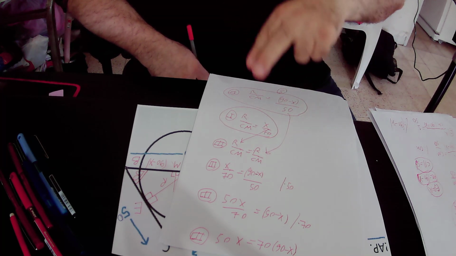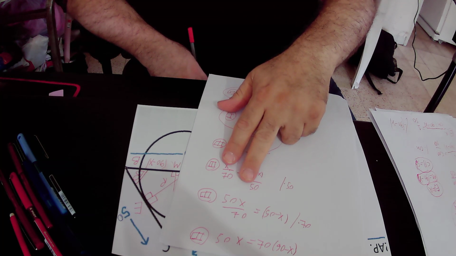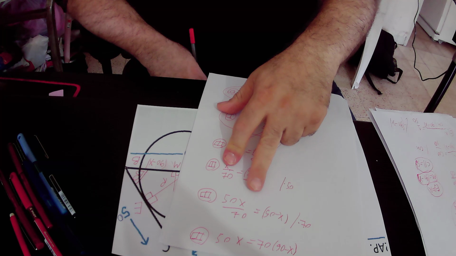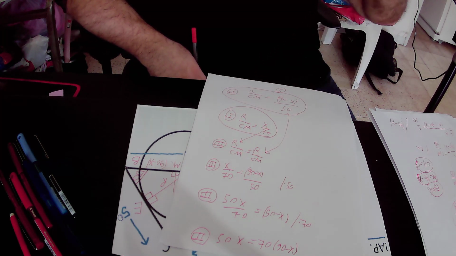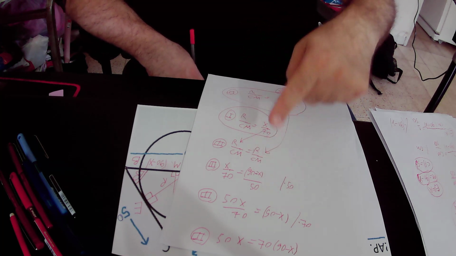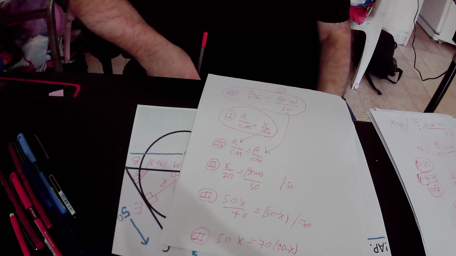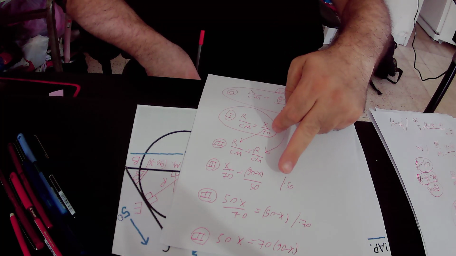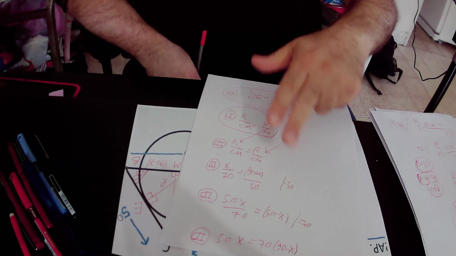and 50x times 70 divided by 70 equals 50x, because 70 divided by 70 equals 1, 70 is cancelled. We are left only with 50x, and 70 times 90 minus 6 equals 70 times 90 minus 6.